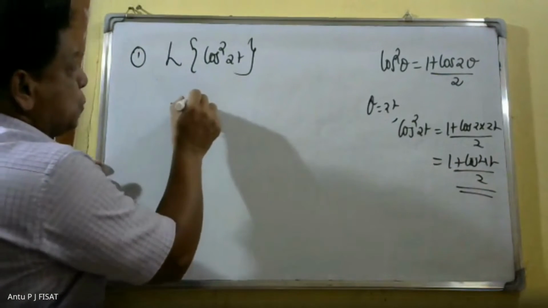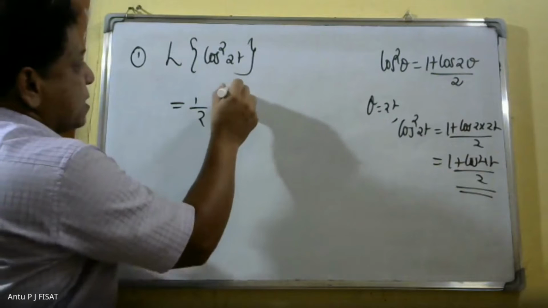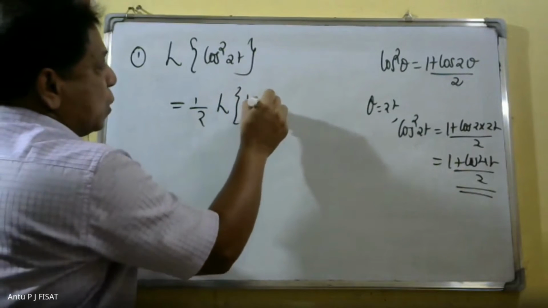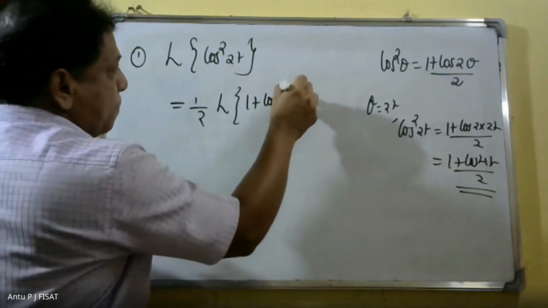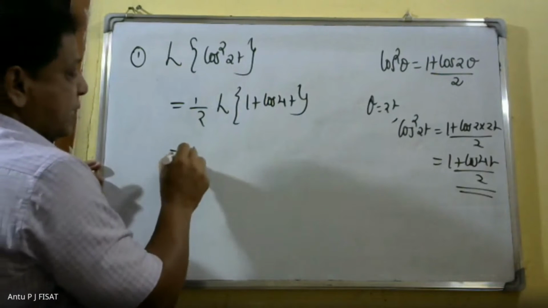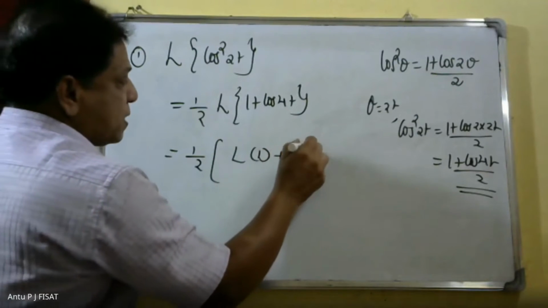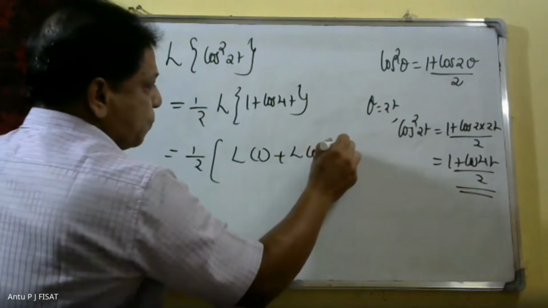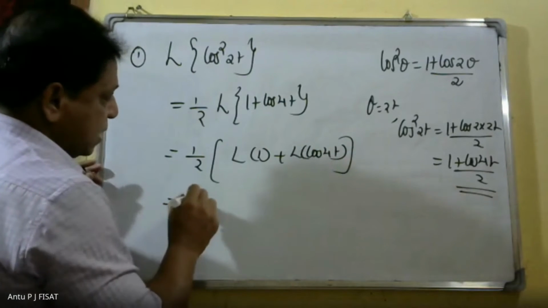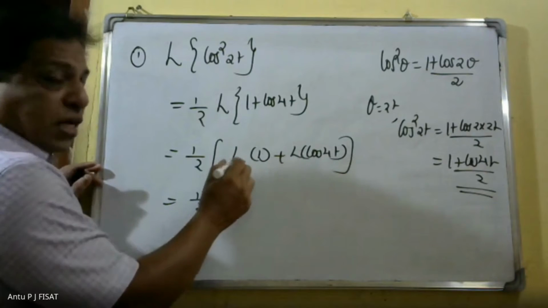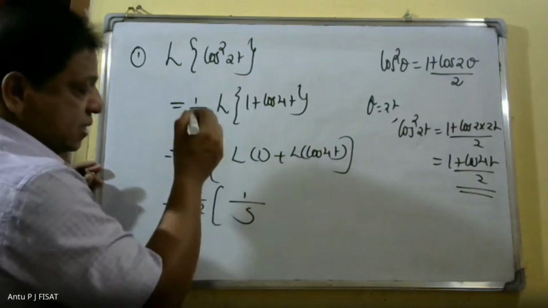Then this is equal to 1 by 2 Laplace transform of (1 plus cos 4t), that is 1 by 2 into Laplace transform of 1 plus Laplace transform of cos 4t. Laplace transform of 1 is 1 by s.